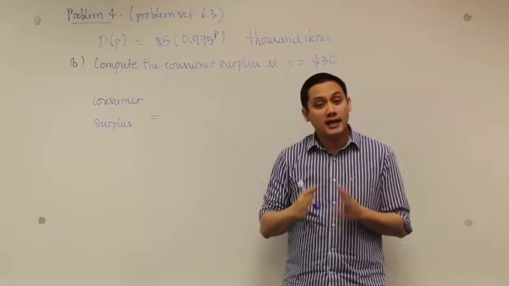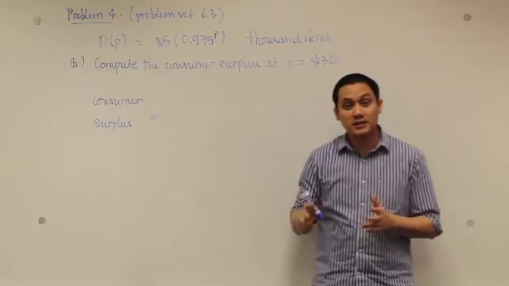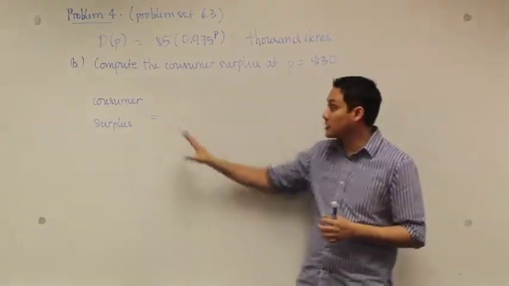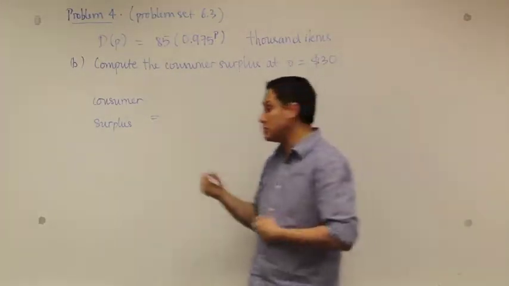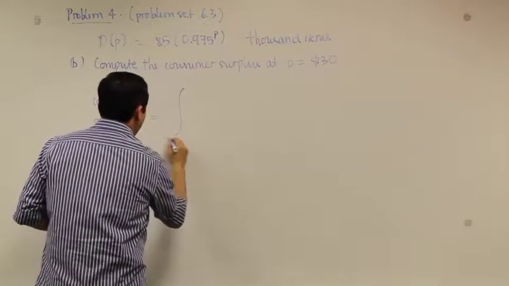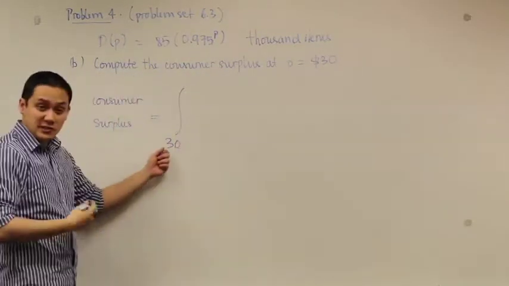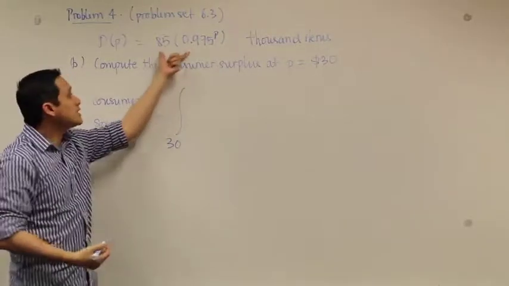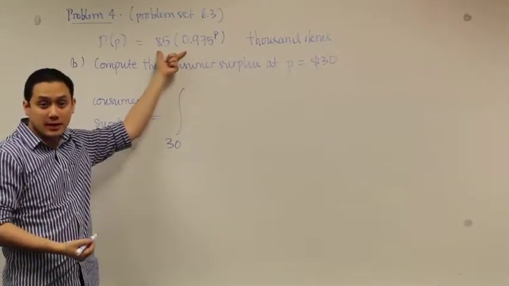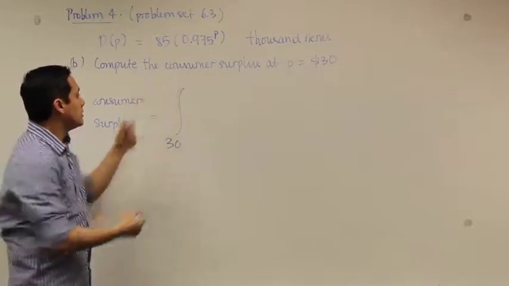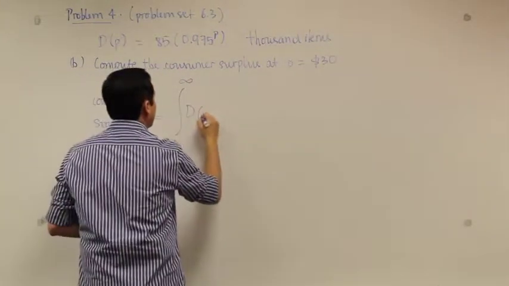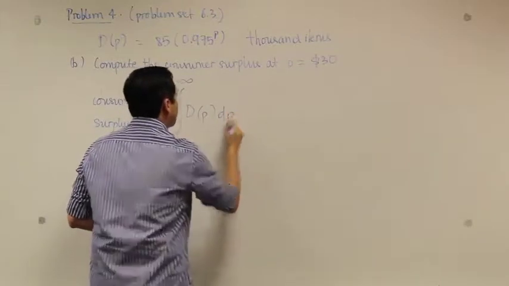In part B, they ask you to calculate the consumer surplus at the set market price of $30. As you remember, the consumer surplus is equal to the integral from 30, which is the set market price, to P max or infinity. In this case, we still deal with the exponential function, so therefore this is infinity, of D of p dp.